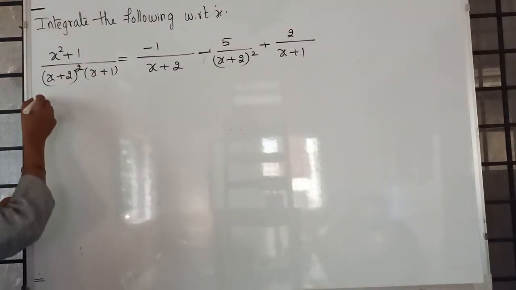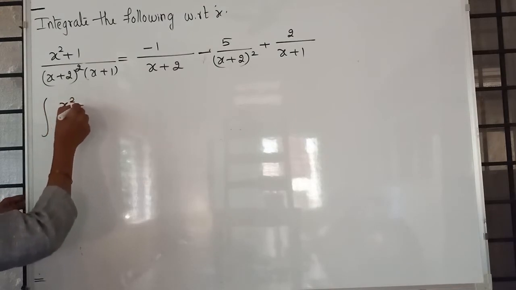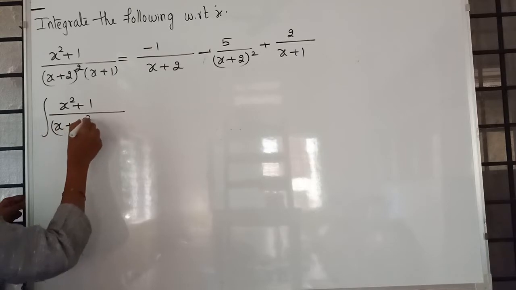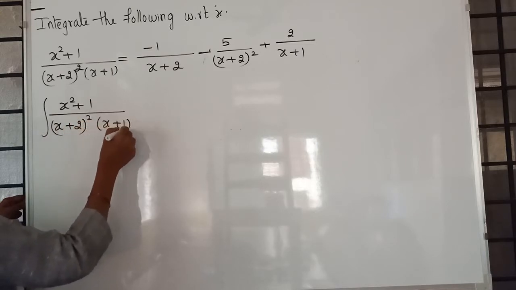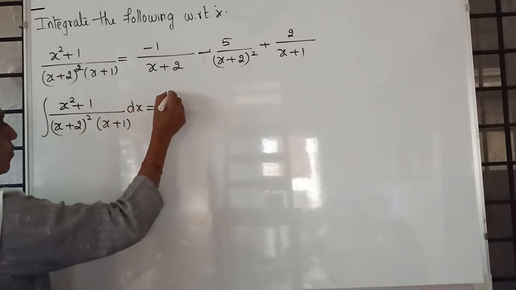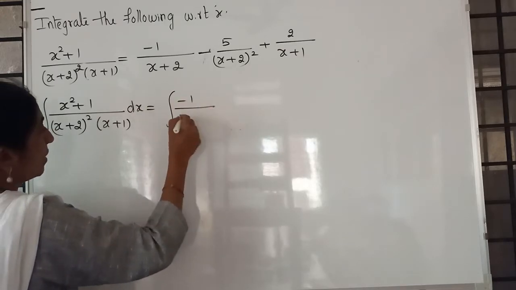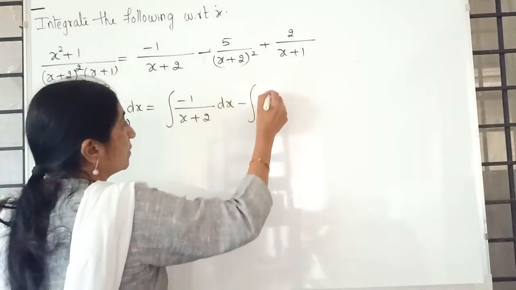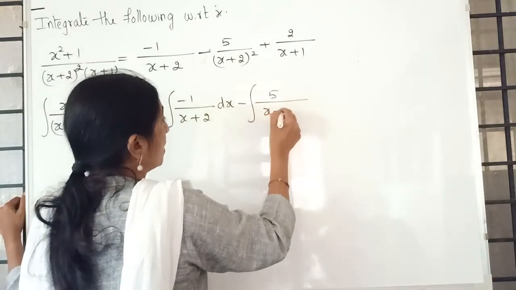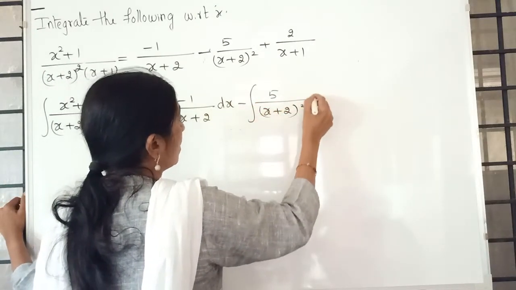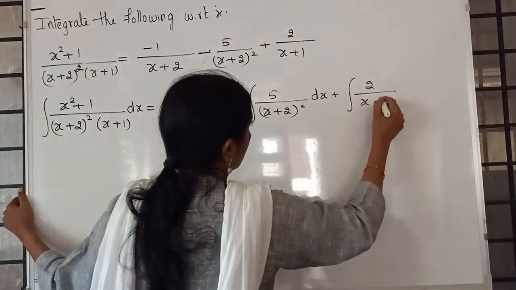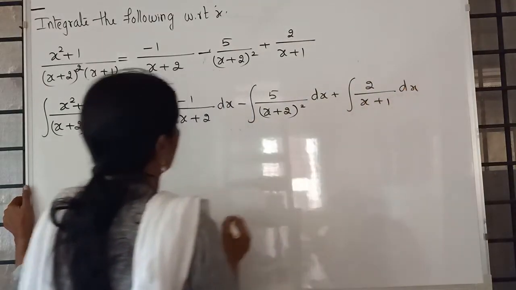Integrating x square plus 1 upon x plus 2 whole square into x plus 1 into dx is equal to minus 1 upon x plus 2 into dx minus 5 upon x plus 2 whole square plus 2 upon x plus 1 into dx.